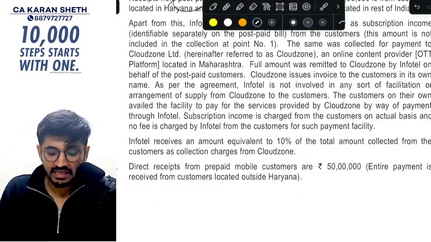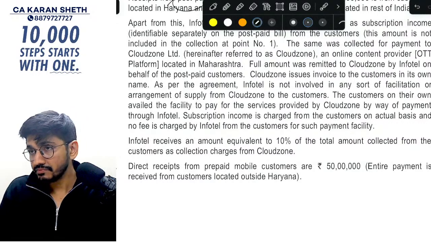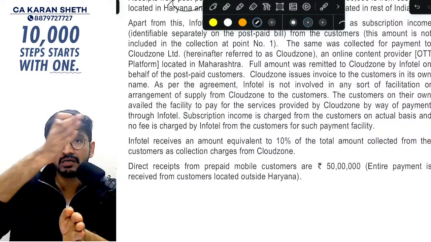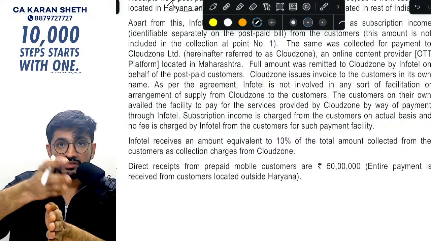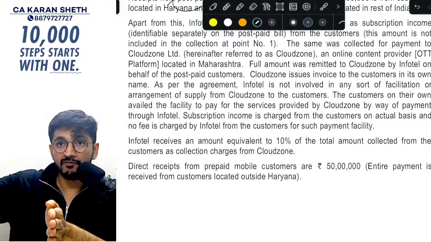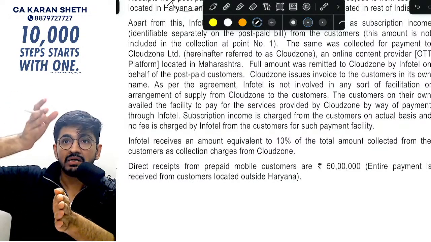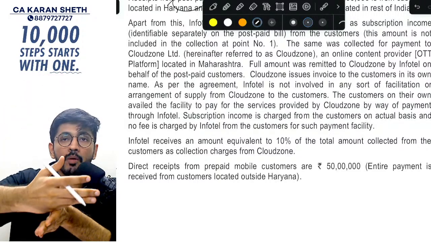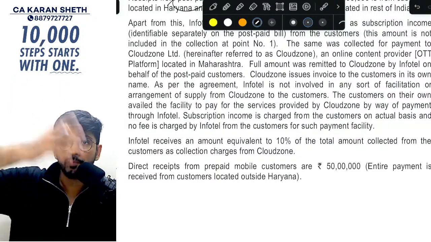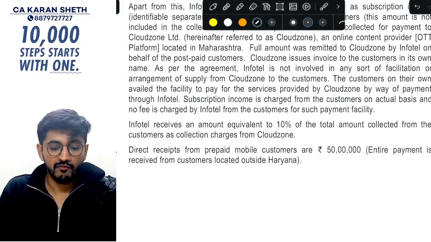Are you getting it? So it's like Netflix, whose subscription income is coming from the customer, but it's the telecom operator Infotel who is collecting on behalf of Cloud Zone from the customers.